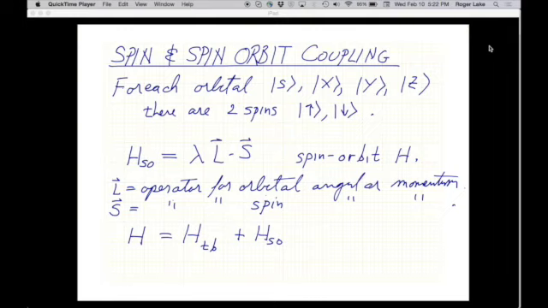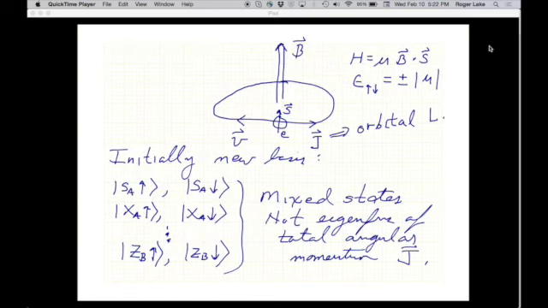And so our total Hamiltonian is the sum of what we've done already, what I call H tight-binding, the tight-binding Hamiltonian, and then this extra term that we're going to add. Hopefully finish adding today. This is the simple physics behind the spin-orbit coupling. The orbital angular momentum generates a magnetic field, which in turn interacts with the spin.